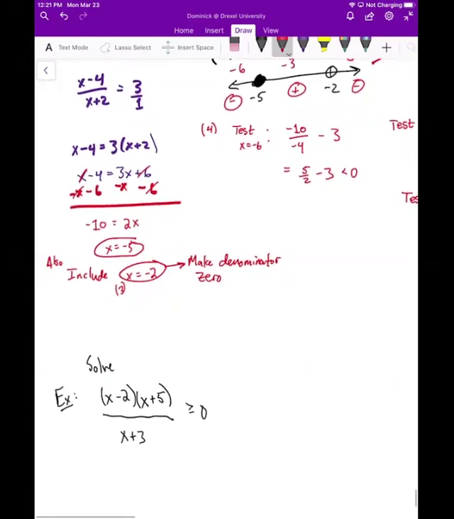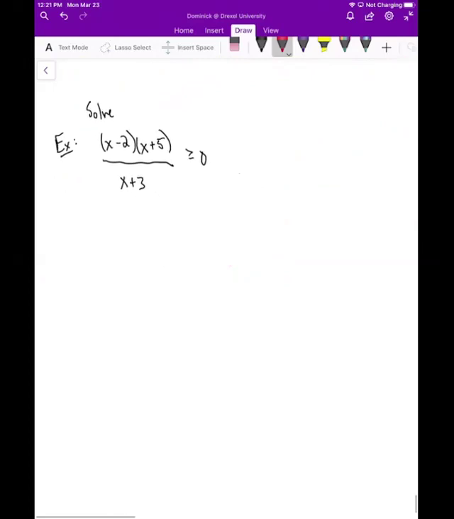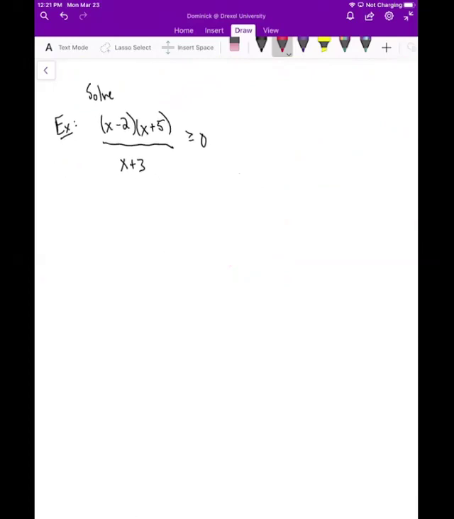Okay, we'll do one last example for this video, and that will conclude this lesson on solving different types of inequalities. So again, first things first, let's find our boundary points. So we need to solve when this thing is equal to 0.